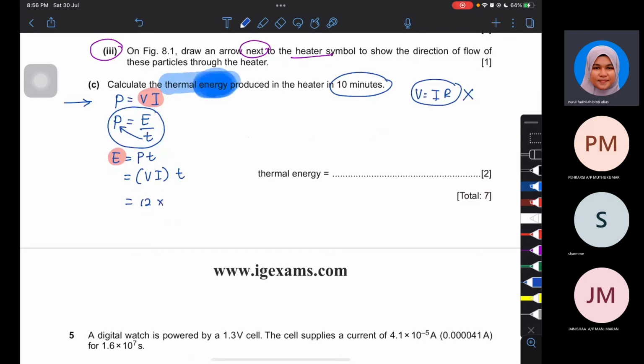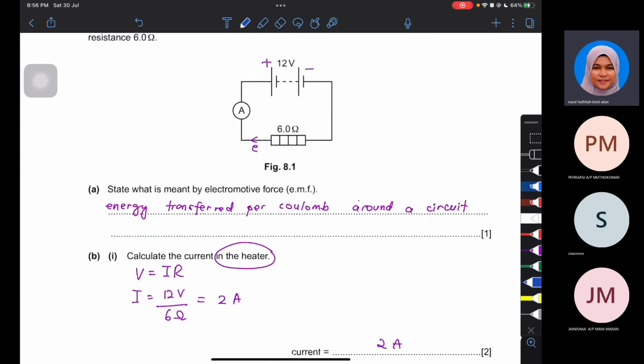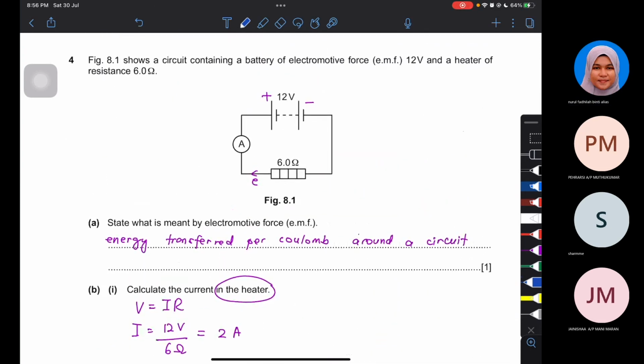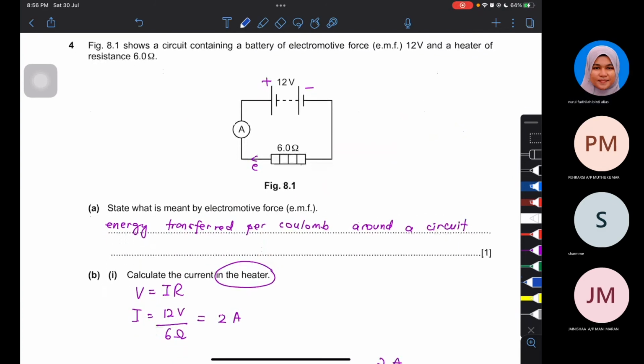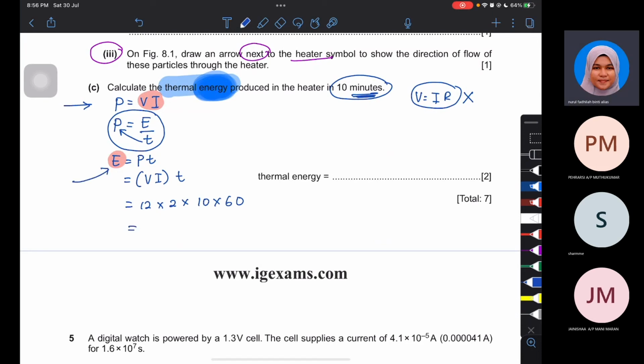And then I dah kira tadi berapa? 2. Time dia berapa? Is it 10 minutes? Tapi tak boleh dalam minit, kena tukar kepada second. Okay, sebab energi ni nanti akan dalam unit joule.